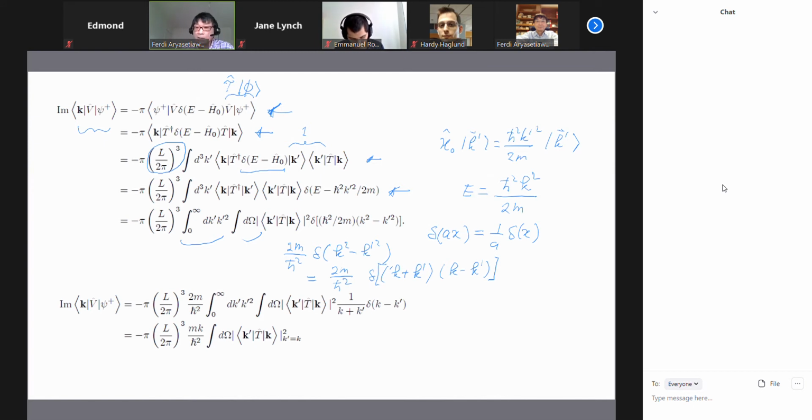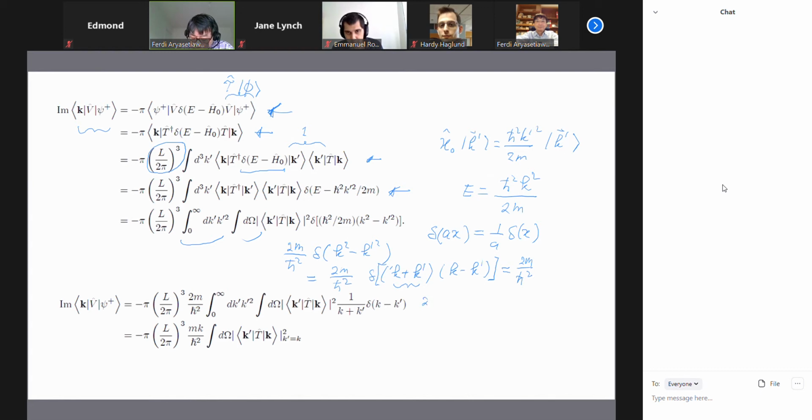Now, k and k prime are positive numbers. So this thing then will be some positive number. So it's not 0 unless k prime and k are equal to 0. But we are considering some finite k here. So then this becomes 2m divided by h bar squared. So we can take this out, k plus k prime equal to just 2k.